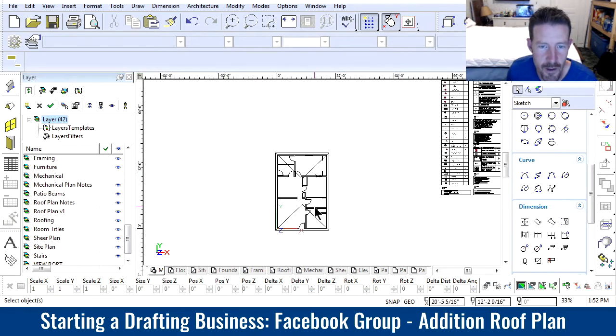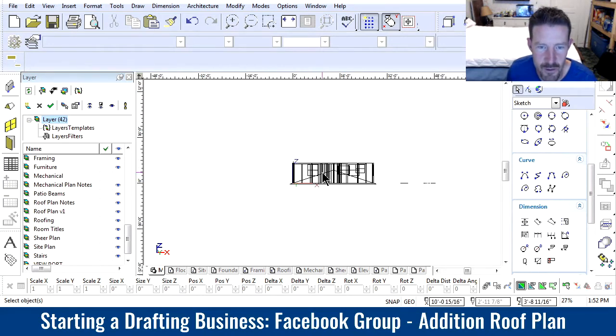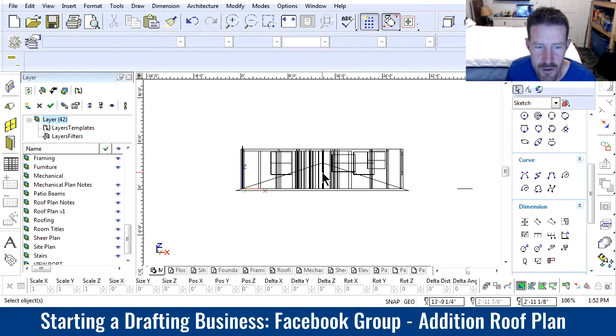Okay, so there's the roof, right? If it's a hip roof. Now hip has the side slope too. We don't have a hip, so we can ignore these lines. But this is nice because now if we look at it from the front, it'll show the pitch for us. So it makes it really easy when we start to do the elevations.